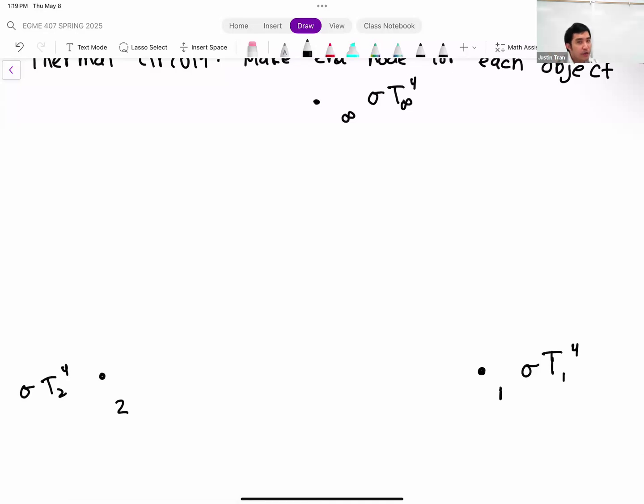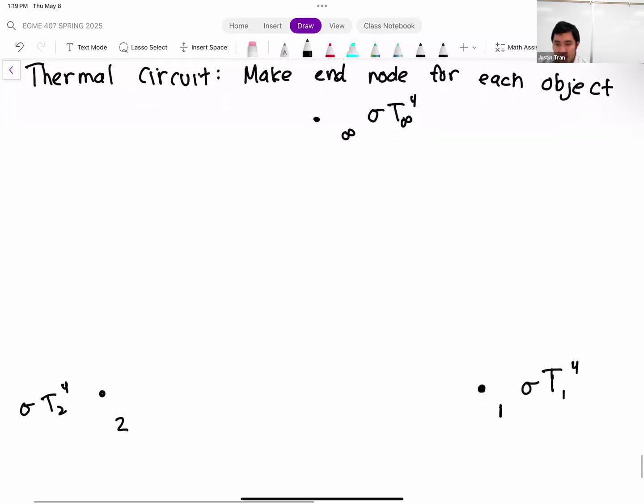Where I know T infinity is 0, but we'll just be explicit and write the whole thing. Okay. Next thing that we're going to do for your thermal circuit is that for every gray body in the situation, you're going to write down its gray body resistance. So our only gray body in this situation is going to be object 1, which is the astronaut.